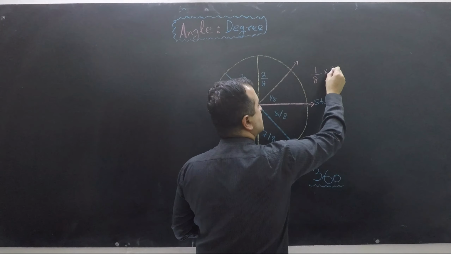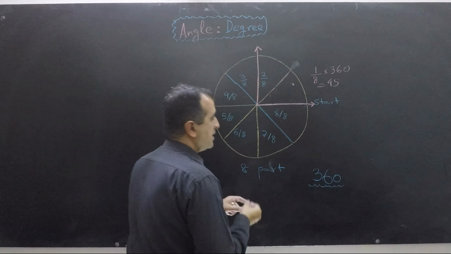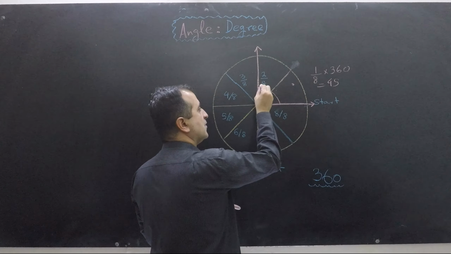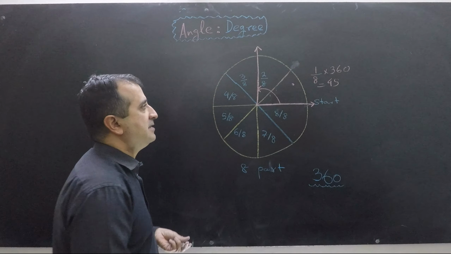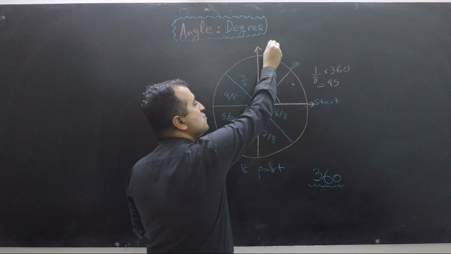Then the angle from my starting ray to this ray, in the anti-clockwise direction, is 2 over 8 times 360, which equals 90 degrees. Make sense? Yes.